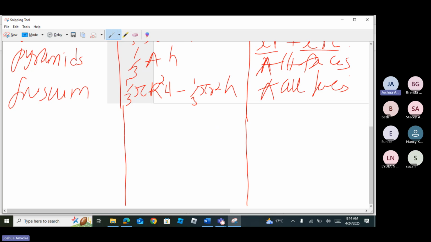We have a sphere. For sphere, we have the surface area, which is 4 pi r squared. Oh, no, volume. This column is for volume. Volume of a sphere is 4 over 3 pi r cubed.